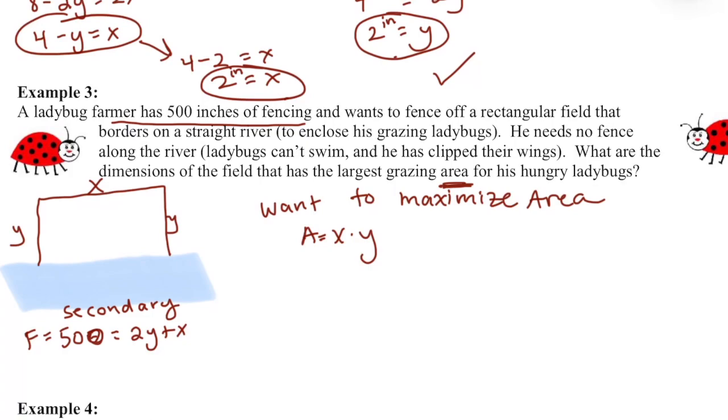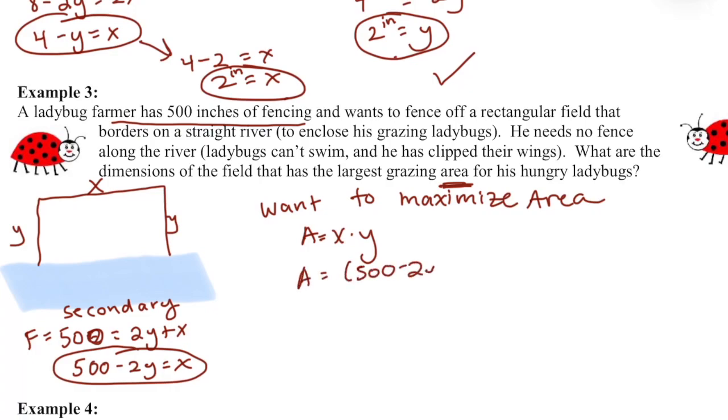And I'm going to solve for my secondary equation. It looks like it's a little easier to solve for x. I will just subtract 2y. And that's what I'm plugging into my area equation. Cool.